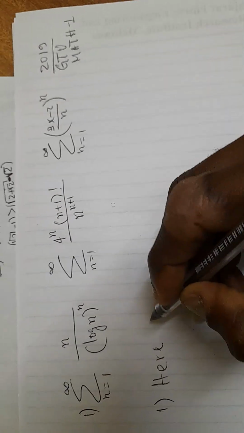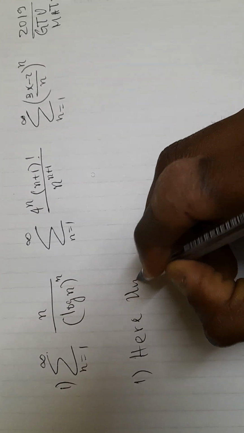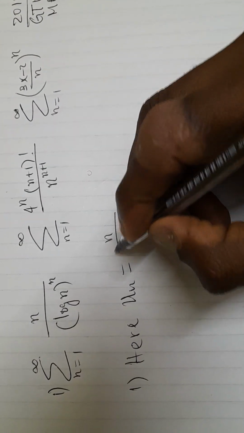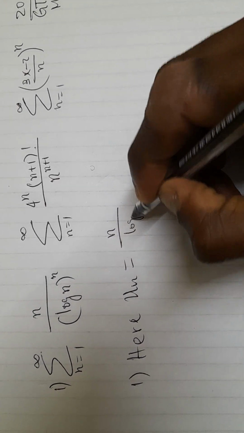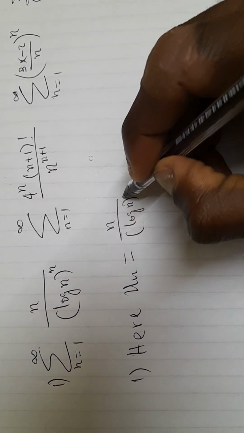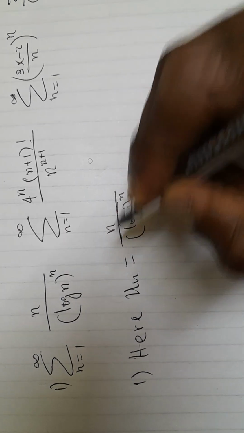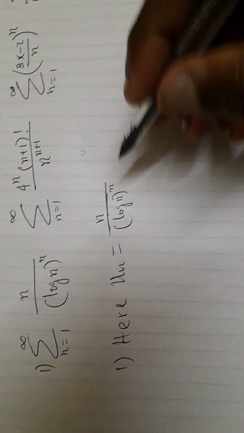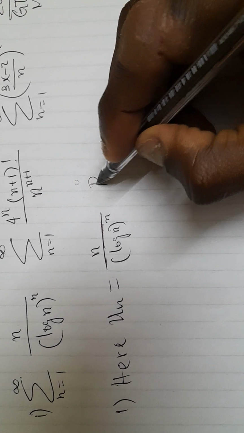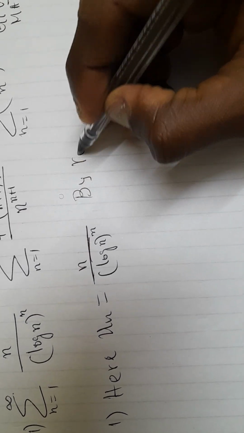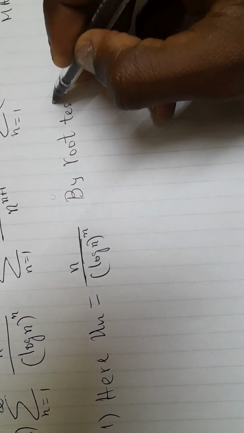For the first exercise, u_n is equal to n upon log of n to the power n. So here we can solve by root test. Why root test?